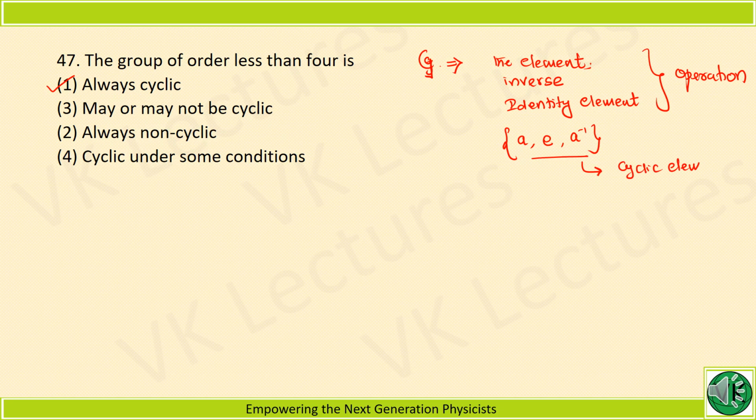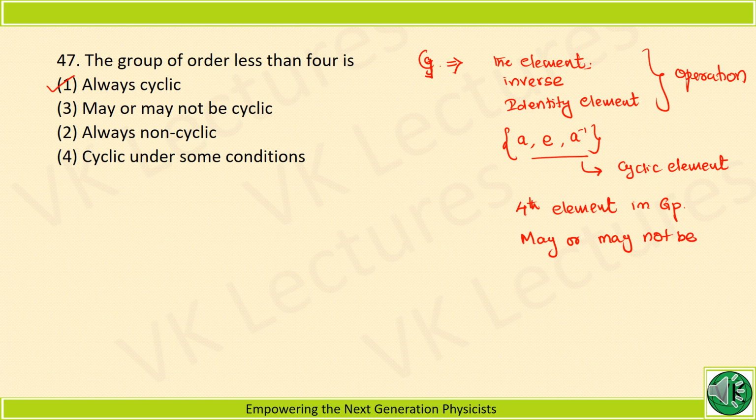From one you can get the other elements, but if there is one more element, a fourth element in the group, then this group may or may not be cyclic.